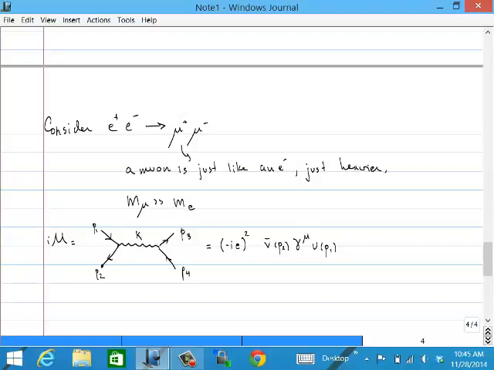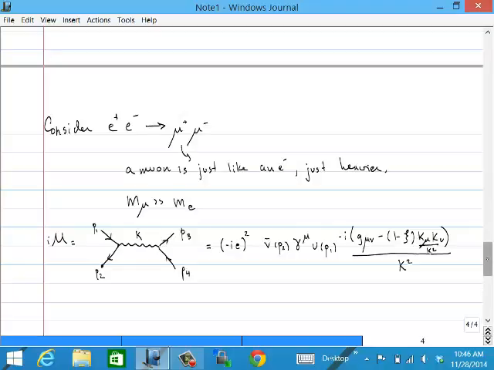Then you have a photon propagator, so you get a minus i times g mu nu, and just for fun, I'll include that gauge-dependent term so that we can see that it's going to cancel out. So there's the photon propagator.